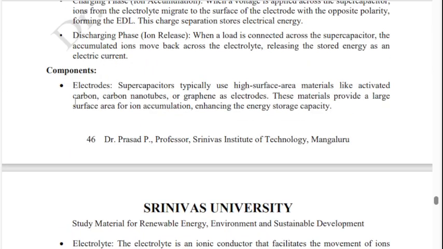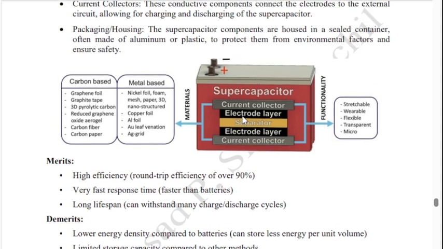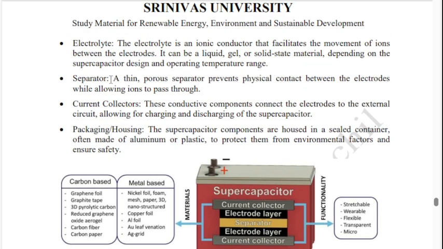This carbon, activated carbon, or carbon nanotube, or graphene. These are the electrodes. They are kept in such a way that they are at a particular distance, and they should not touch each other. If they touch each other, the positive and negative charge that you are supplying will nullify there only. Therefore, it needs a separator, a thin porous separator, which will prevent the physical contact between the electrodes while allowing ions to pass through it.